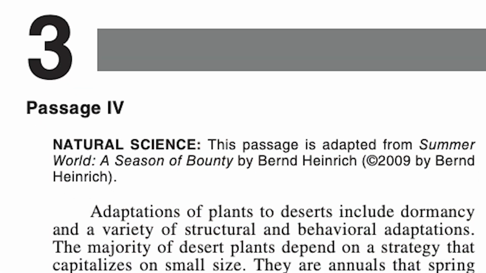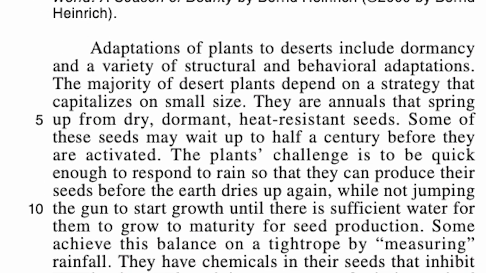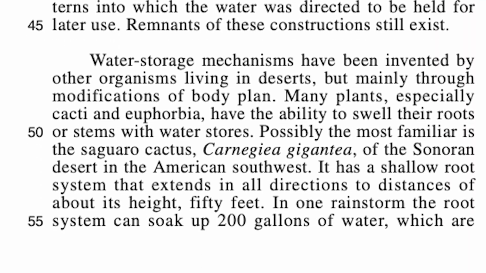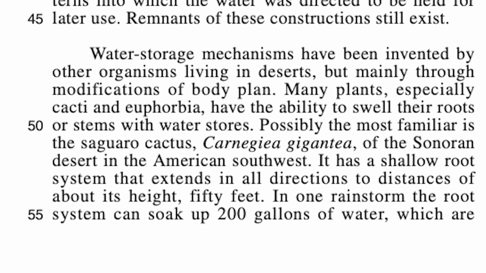But if you do hate them and you feel like when you get tired, those details might slip by you, like that's not as engaging to you as, if we look at this one, for example, we're looking at desert dormancy here, and heat resistant seeds, and 200 gallons of water.